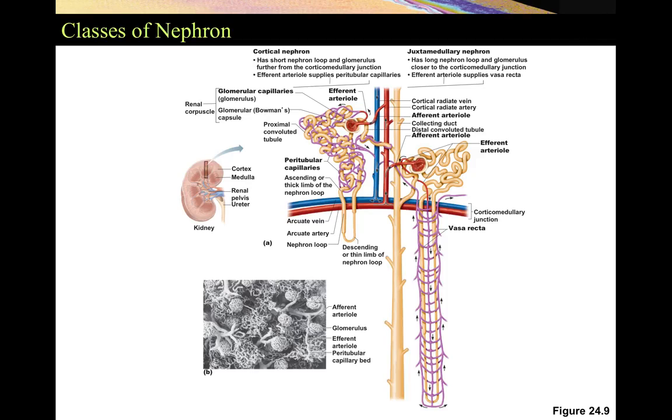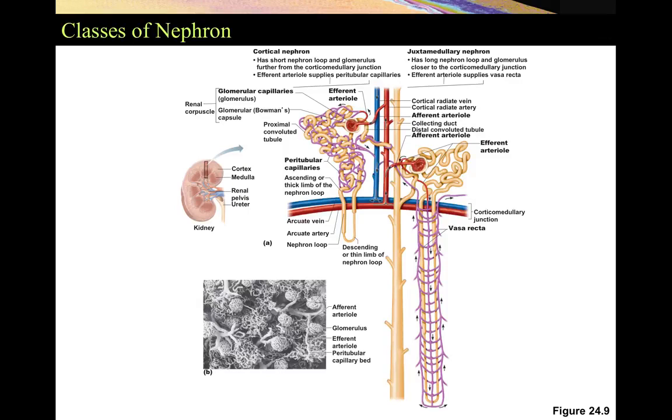Notice these are your arcuate arteries and vein right here, which means this is the medulla and this is the cortex. The majority of the nephron, except part of the loop, is located within the cortex, so we refer to this as a cortical nephron. One of its main characteristics is a relatively short nephron loop, which means it doesn't have much time for reabsorption.